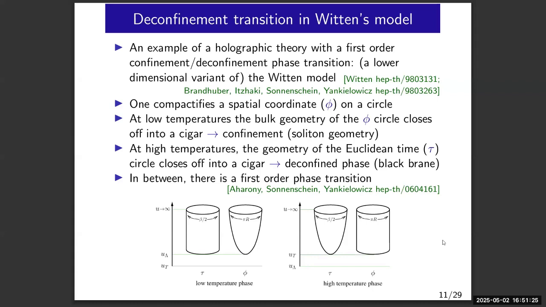In the low temperature confined phase, this geometry is such that the warp factor of the geometry related to this phi coordinate is such that the geometry in this sector corresponds to this cigar-like geometry, which ends smoothly at some value of the bulk coordinate.